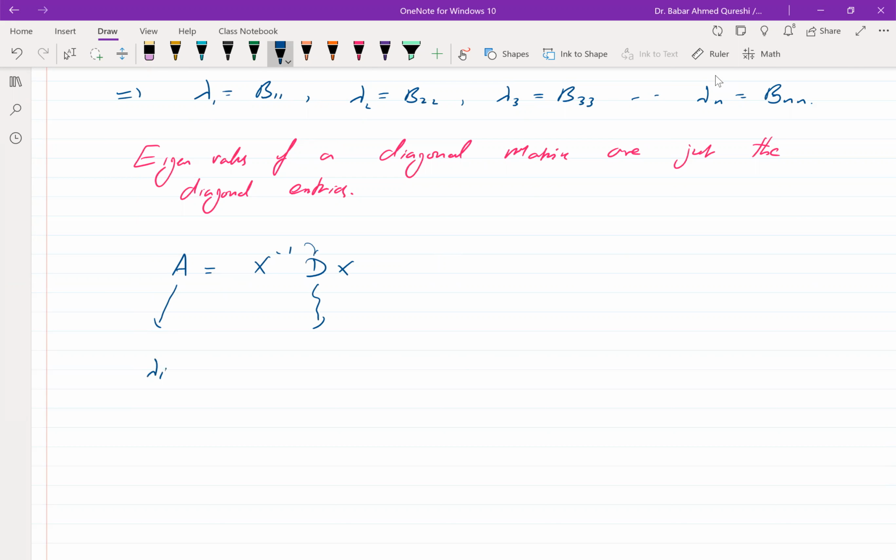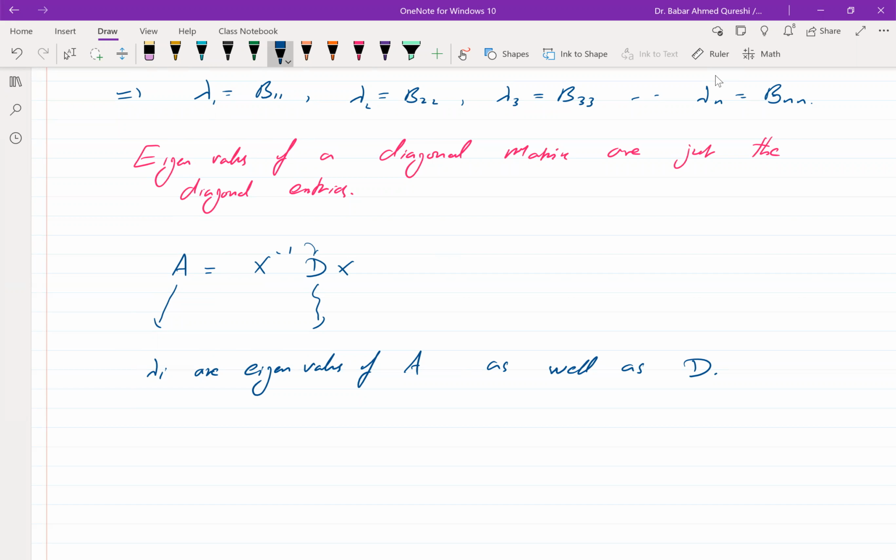So these lambda i are eigenvalues of A as well as D. So in this decomposition, whatever D you get as the diagonal matrix, it retains the same eigenvalues. The eigenvalues are the same.